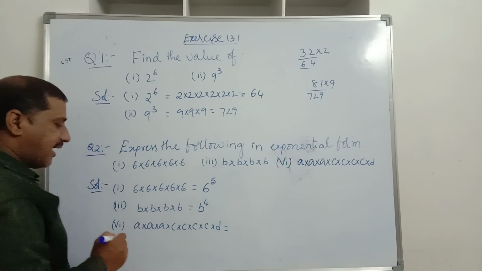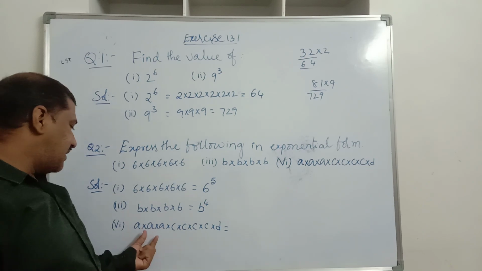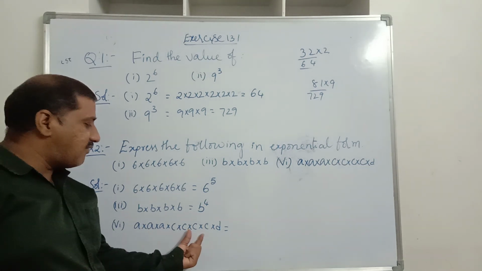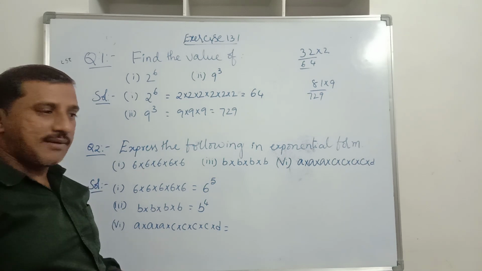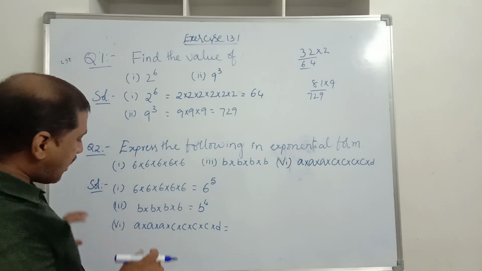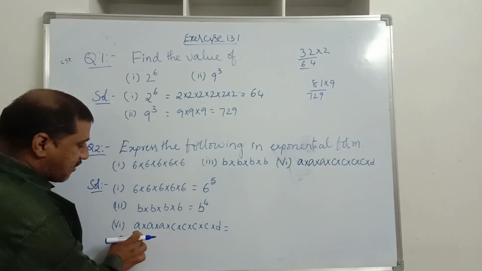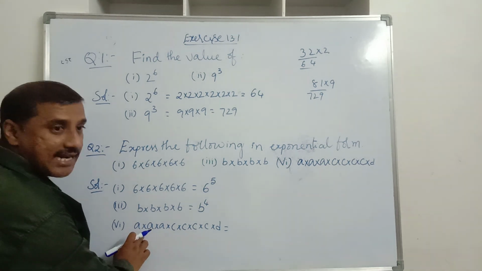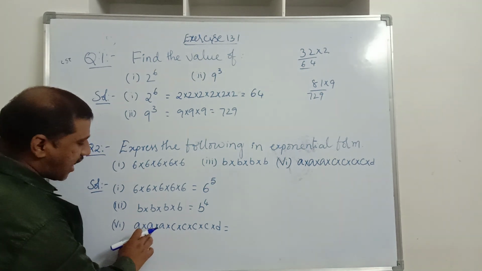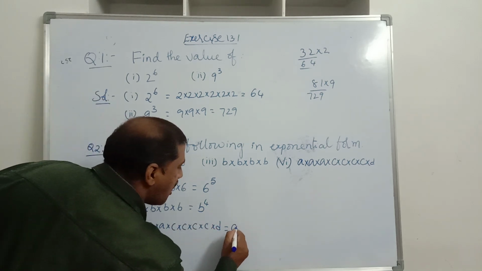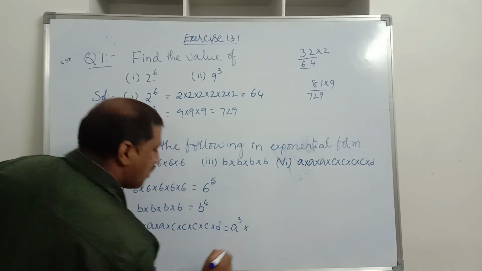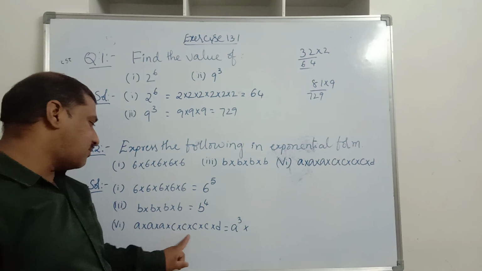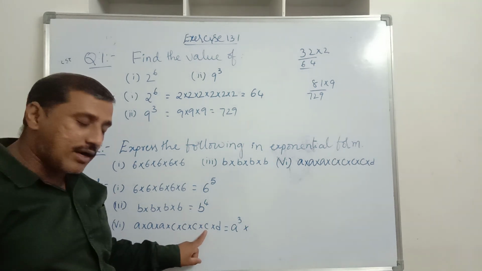See here, 3 variables are there. A is one variable, C is one variable and D is one variable. All are different variables. So A is multiplied by itself how many times? 3 times. Therefore A into A into A can be written as a cube into. Next C is there. C is multiplied by itself 4 times.